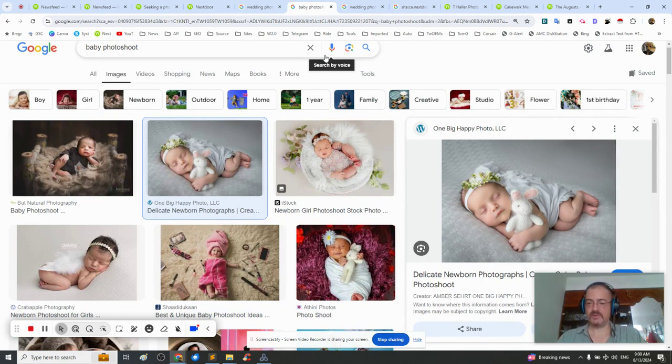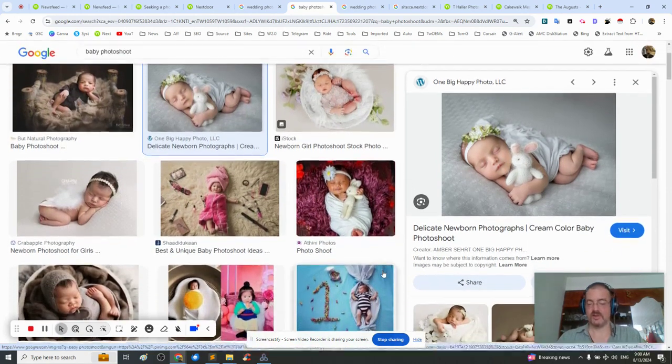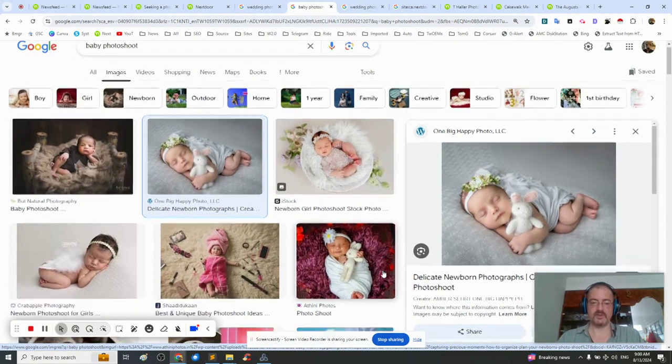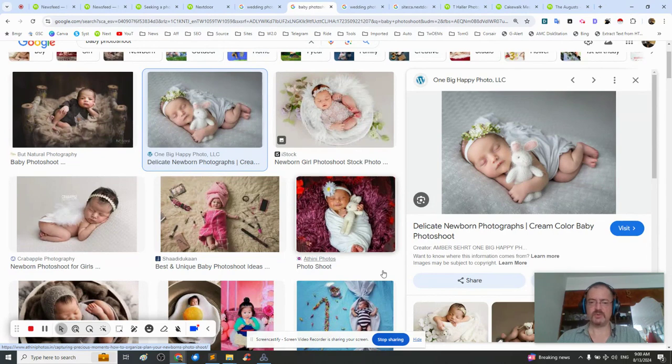So these are the typical pictures that will be very successful on Nextdoor and anywhere else, by the way. If you can show your portfolio of baby pictures or baby photo shoots, or even if you film with your phone the photo shoot behind the scenes, people always like that. Remember, only one commercial post a week. The rest of the time, be a friendly neighbor and bring value to people. So share some tips.